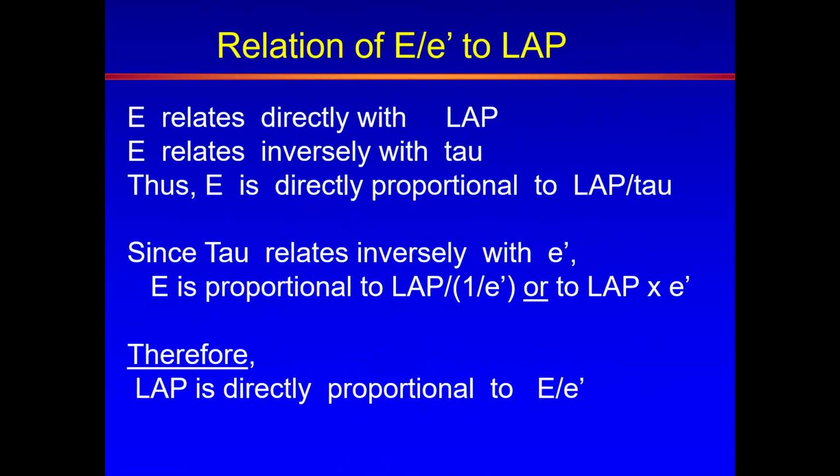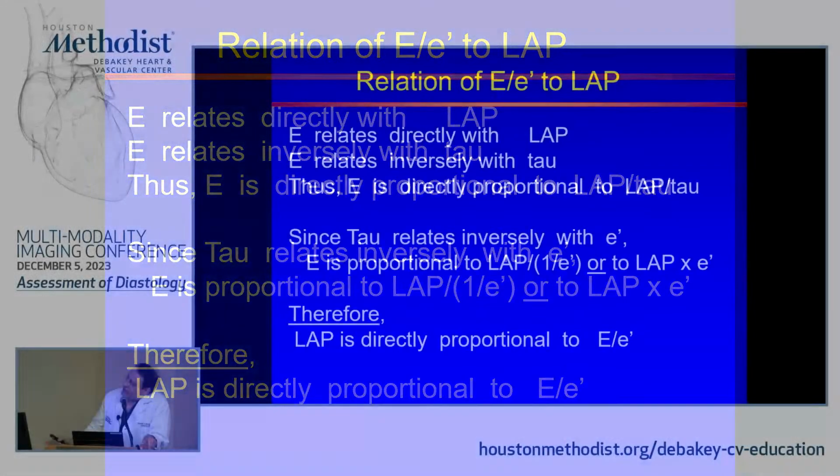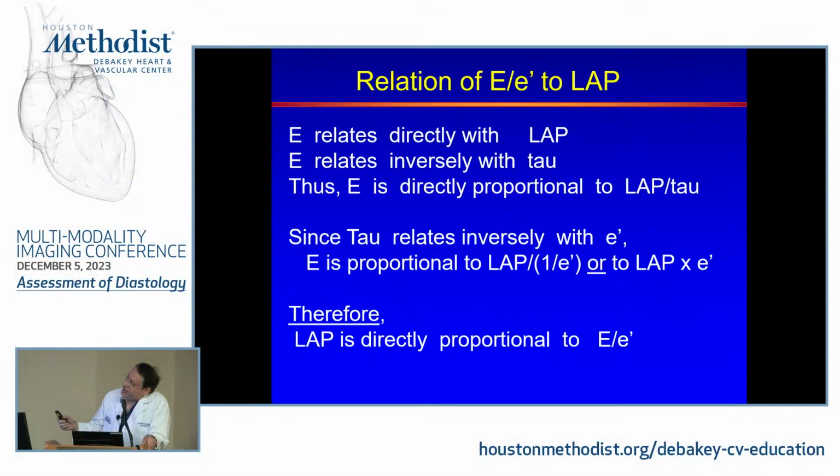And so that takes us to the introduction of the E to E prime ratio, and that's the rationale for it. We say that the mitral E velocity is directly related to left atrial pressure, and we know that it's inversely related to the time constant of LV relaxation. So then we have the expression of E being directly related to the ratio of LAP to the time constant.